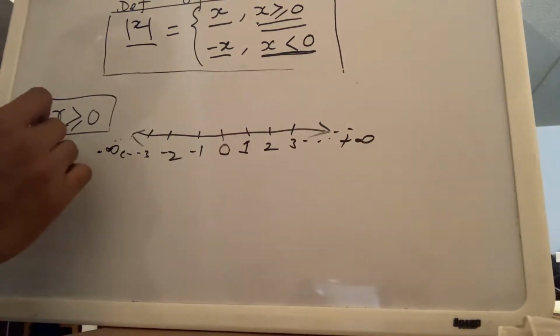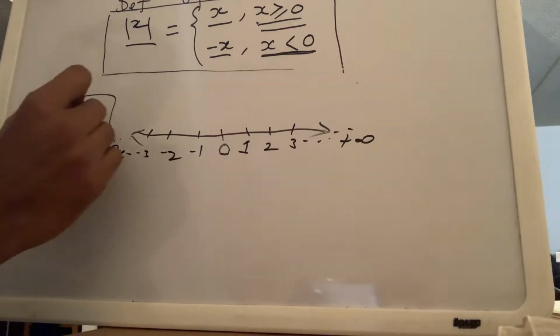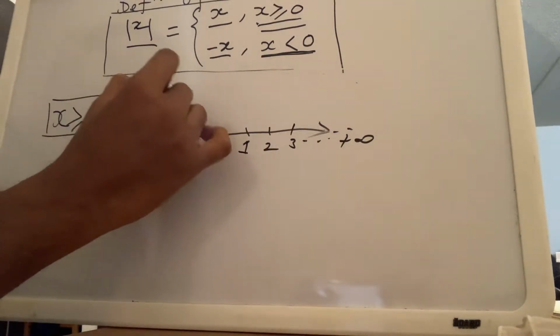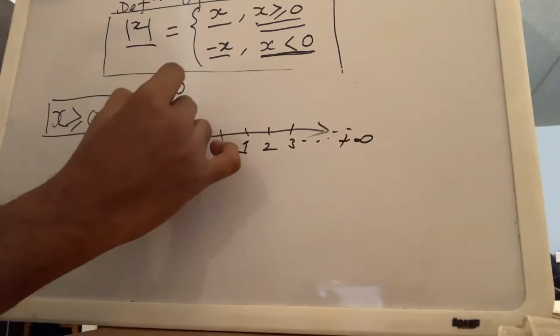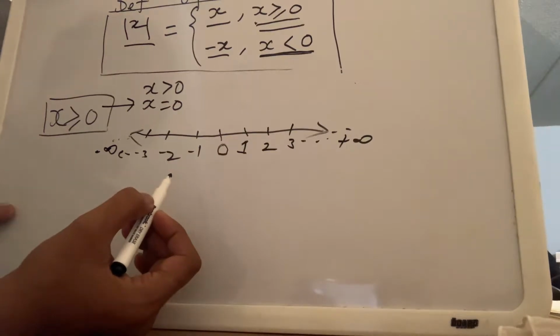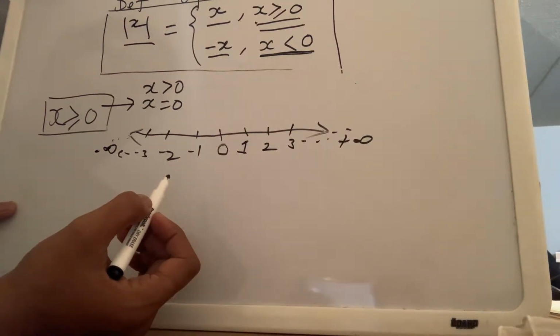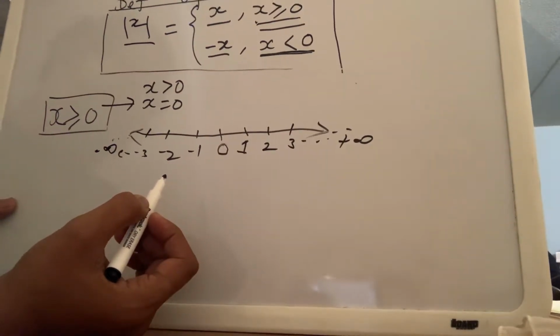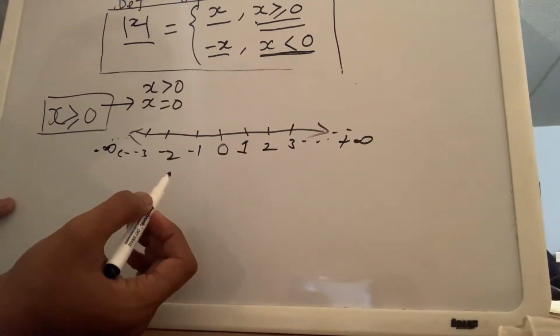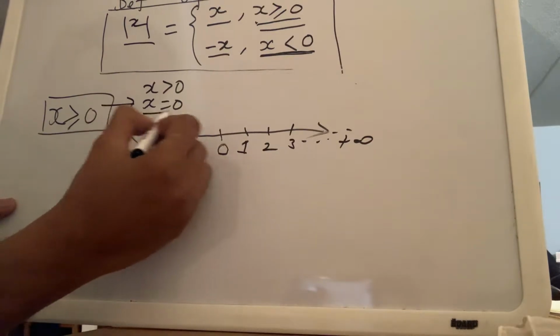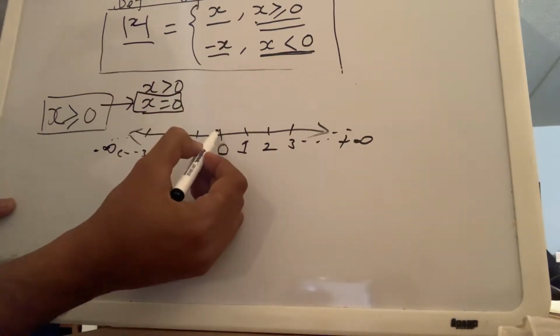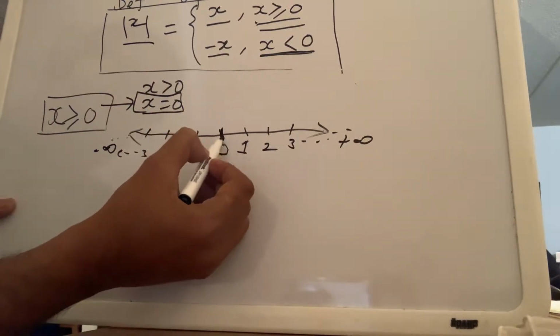So x greater than or equal to 0 is basically two things: x greater than 0 and x equal to 0. We can come to that topic of inequality also, but I understand that you understand this. When x is equal to 0, it means that we are considering this point.